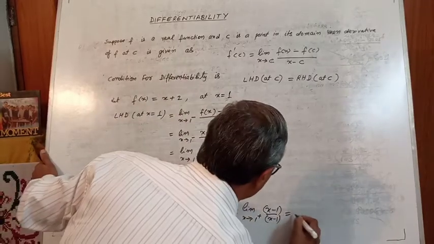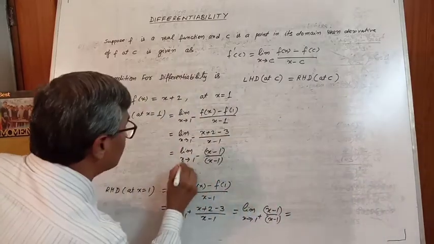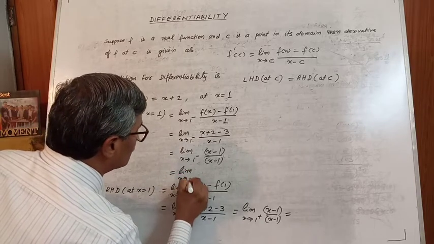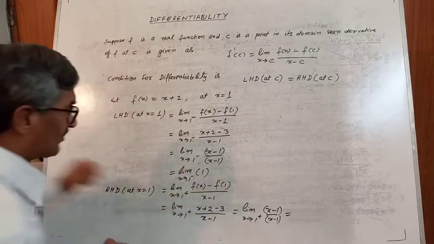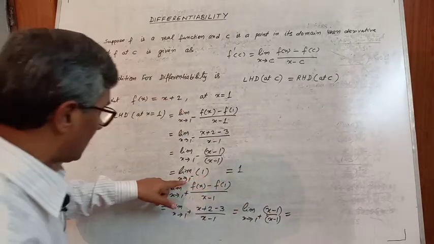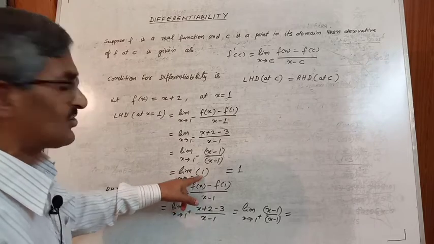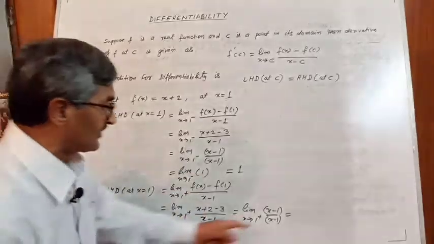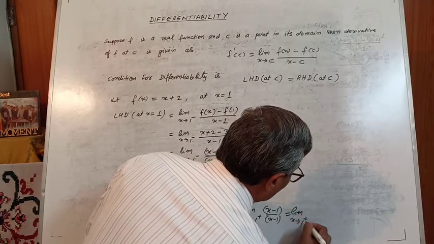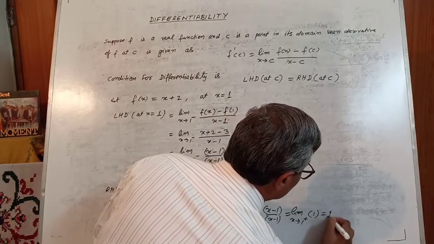In both cases, limit x tends to 1 minus of 1 is equal to 1, because the value of x is not going to make any change in this. Same way, limit x tends to 1 plus of 1 will give 1.